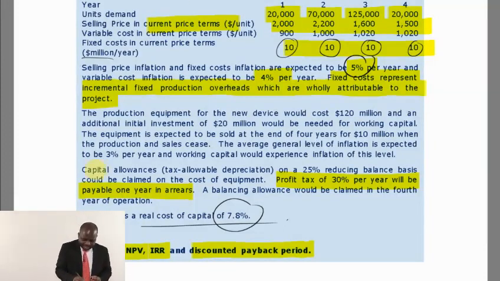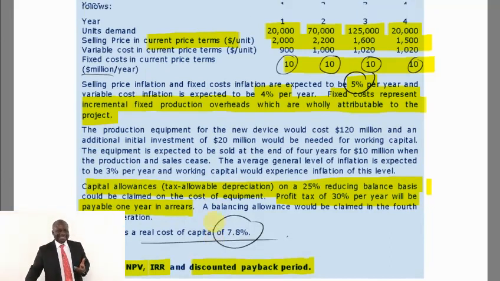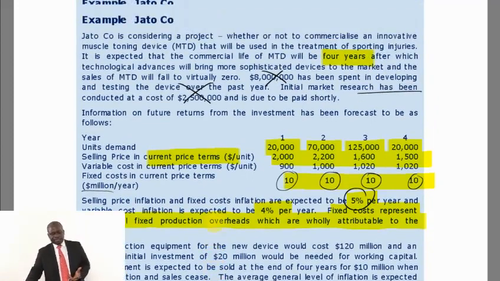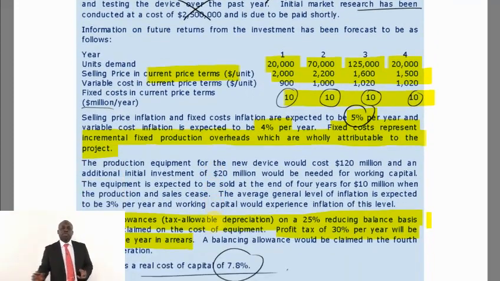Capital allowances at this level are on 25% reducing balance. So if it's 25% reducing balance, how do we calculate that tax savings on capital allowance? Bear with me. Now, when it is capital allowance, let me bring your mind on a basic thing that students sometimes do. Capital allowance is the taxman's form of depreciation.